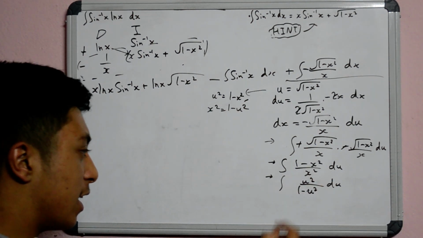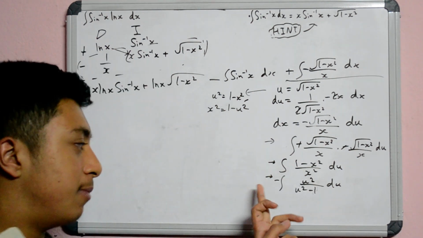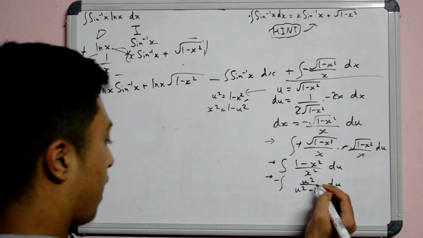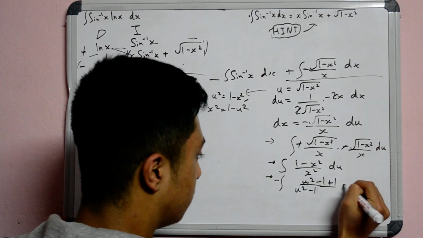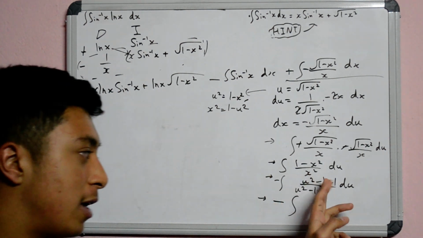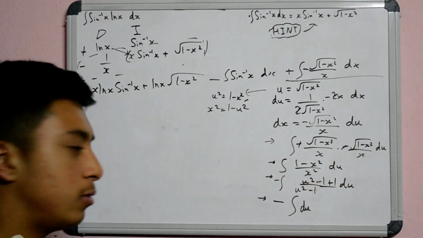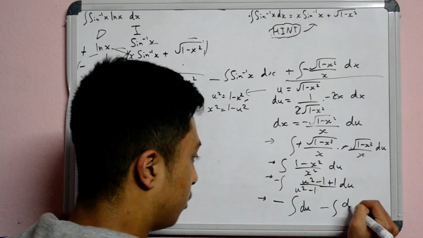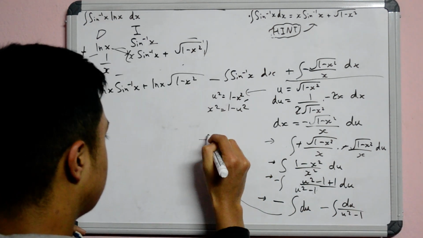I'll take negative common, because minus u squared minus 1 will just be 1 minus u squared, right? And then from here I can do minus 1 plus 1 du. This becomes minus the integration of u squared minus 1 by u squared minus 1 du, plus 1 by u squared minus 1, but due to this minus, it will be minus du by u squared minus 1.